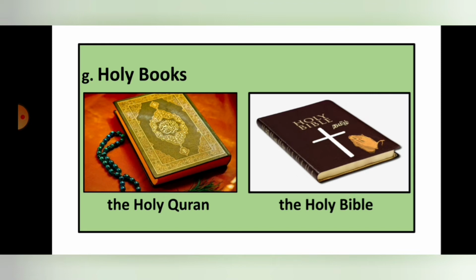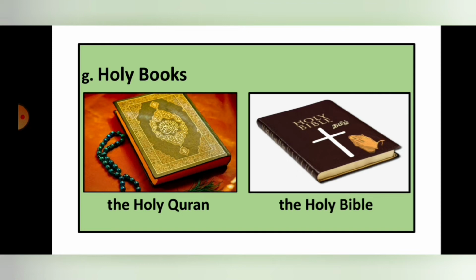Then the uses number G, it is not given in the book, but still I have given it for your learning so that you can learn more, which is before any holy books we have to use the. Here I have given two holy books, one for Islam or Muslims, the Holy Quran.